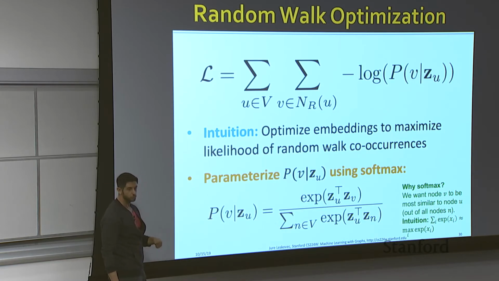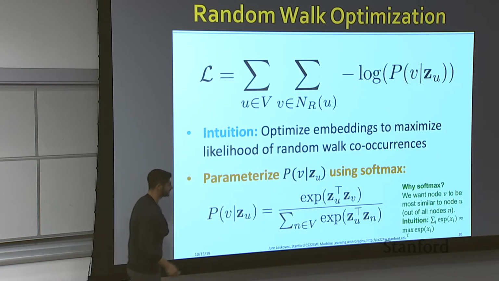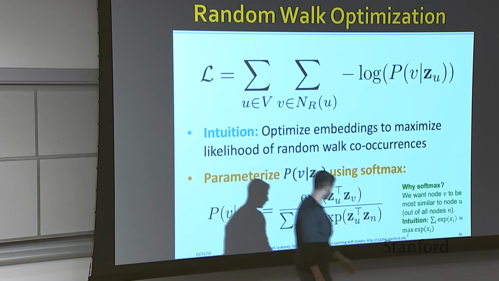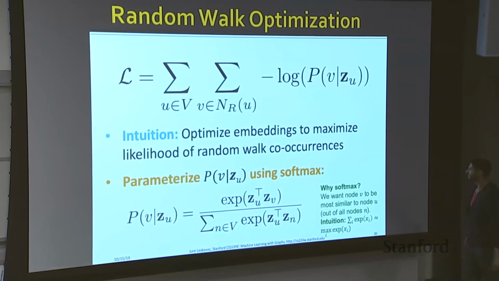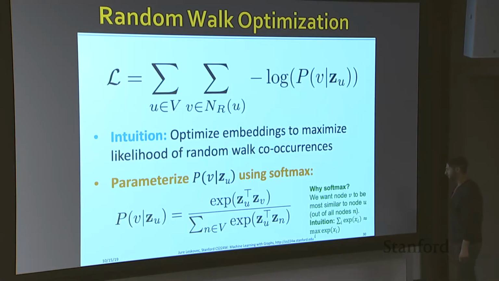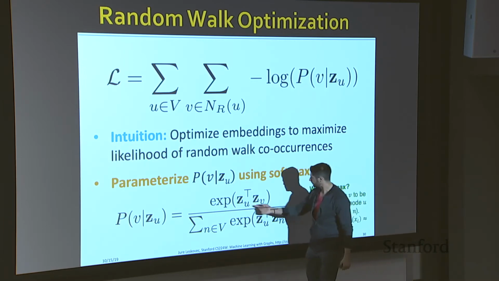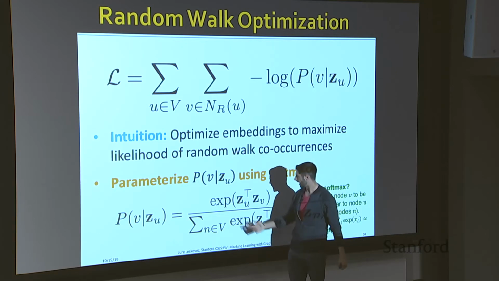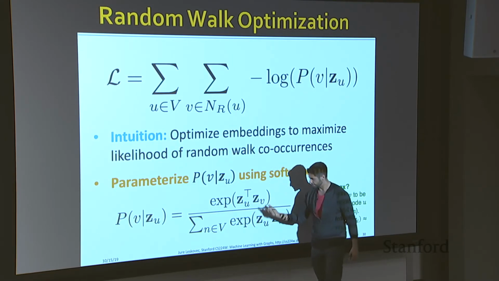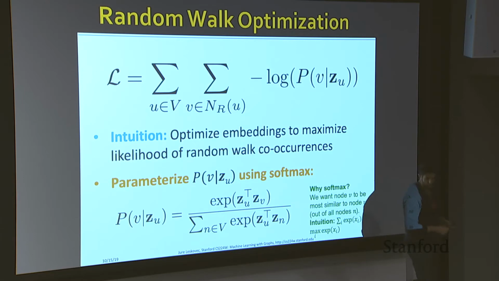Now, how do we parameterize this in a way that we can actually compute it? The idea is that we can use a softmax. You might have seen this in a lot of machine learning courses, but let me go through it once again. We want our node V to be the most similar to node U. So we take the similarity between the two vector representations, and what the softmax does for us is turn vectors into a probability distribution.